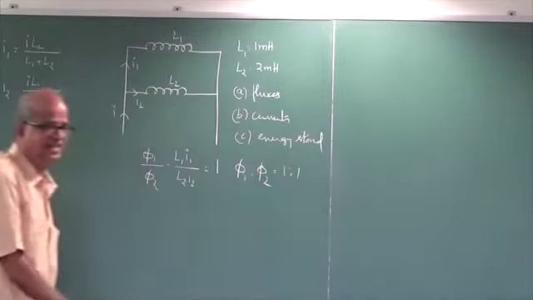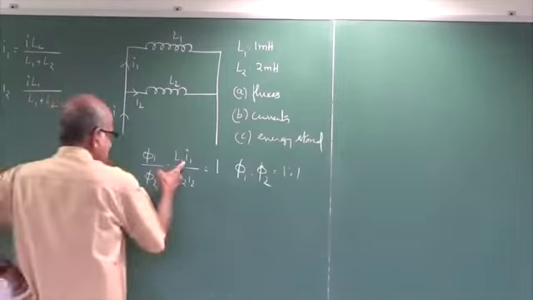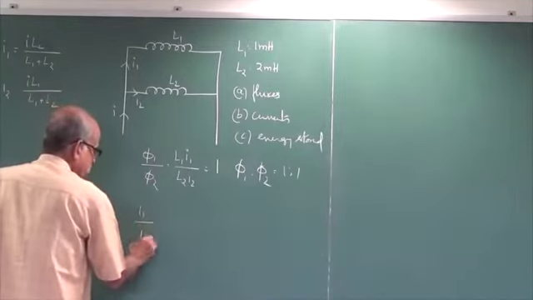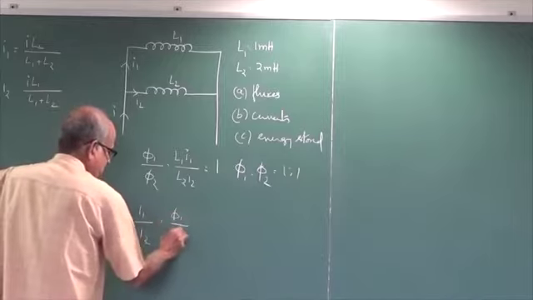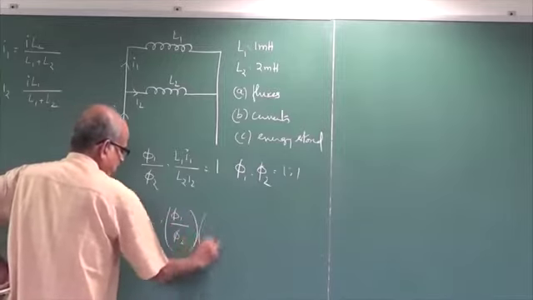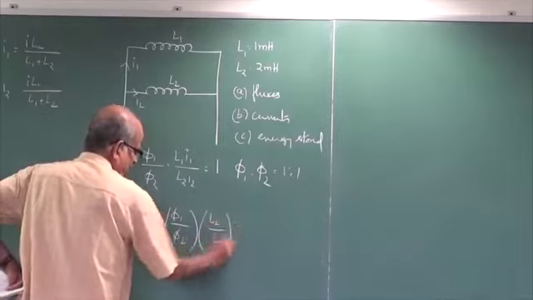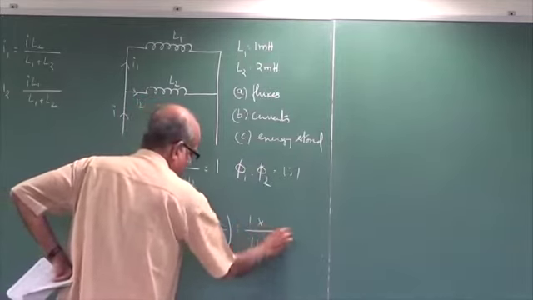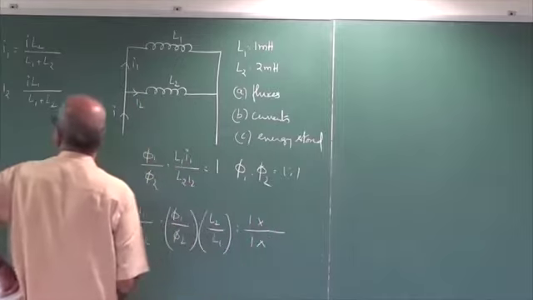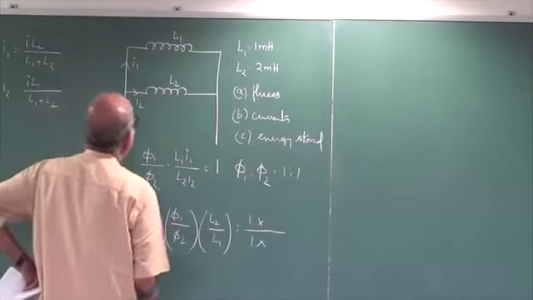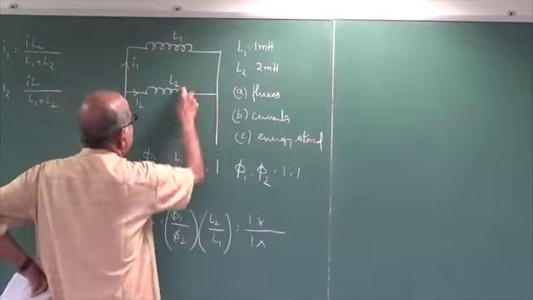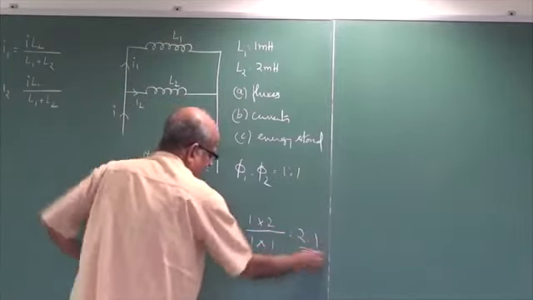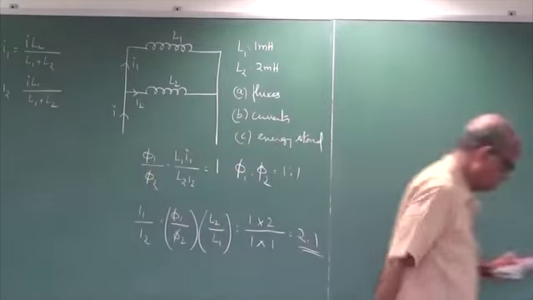Okay, what is the ratio of currents? From this you can see I1 by I2 is equal to phi1 by phi2 into L2 by L1. Phi1 by phi2 is 1:1. What is L2 by L1? 2 by 1, we have said this is 2, this is 1. So it is 2:1.